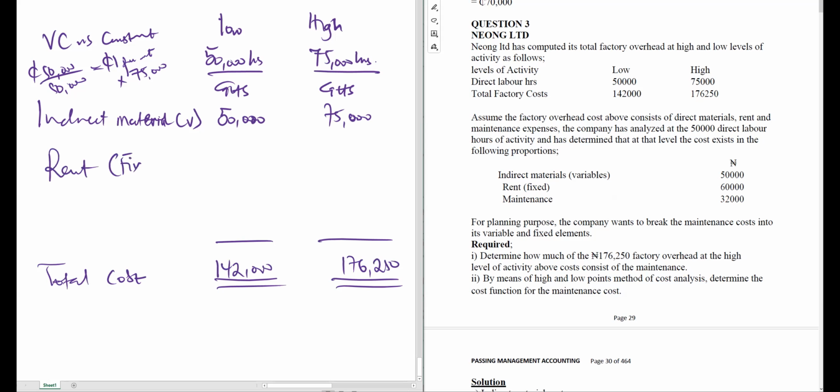True or false? True. Rent was what? 60,000. That means rent will also be 60,000 here too, right? Because it's fixed. It wouldn't change. You're only left with maintenance. And it told us that maintenance here was 32,000. That means maintenance here will be how much?